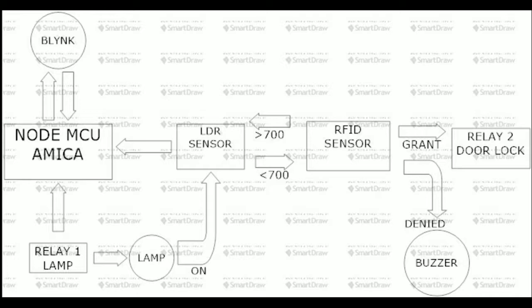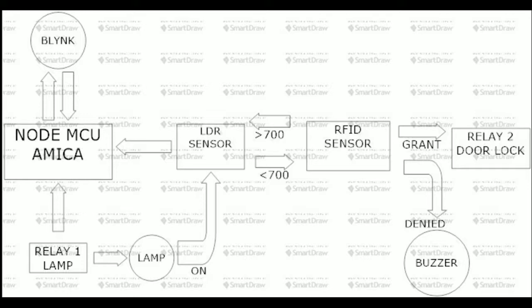But when the tapped card is denied, the NodeMCU will activate the buzzer and the buzzer will ring. So in the block diagram, when the arrow shows grant, relay 2 will be activated, and when the RFID sensor gets the value denied, the buzzer will be on.